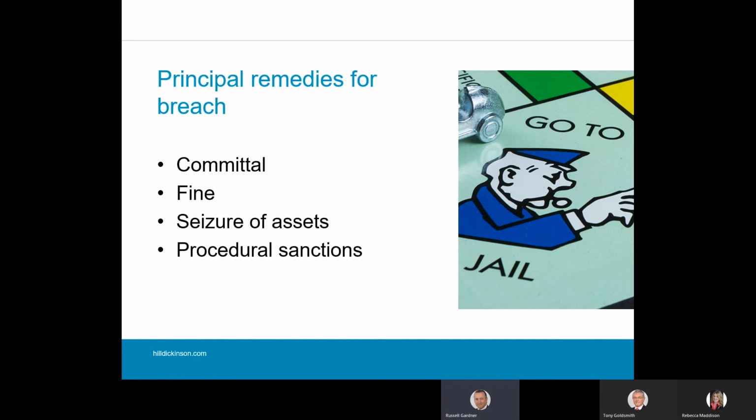Now, these are orders frequently issued in family proceedings where, for example, abduction is feared and a party has his or her passport seized to prevent them from travelling abroad.